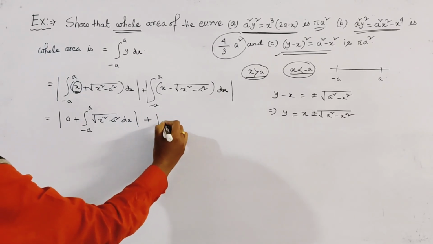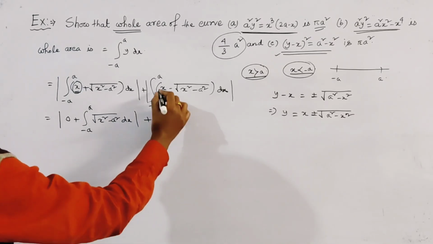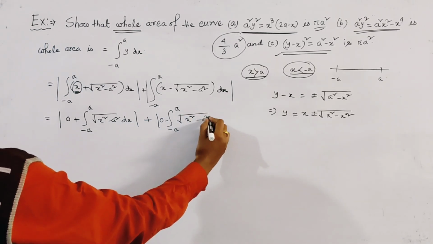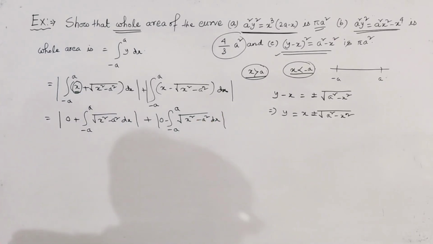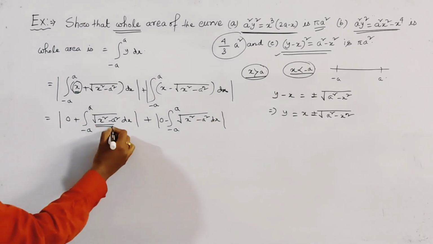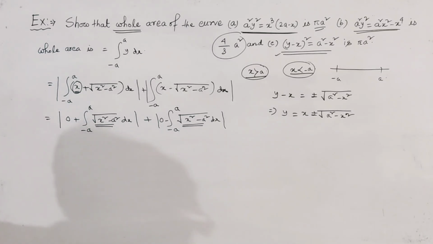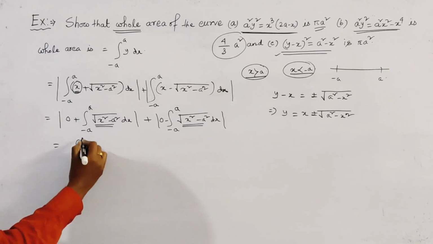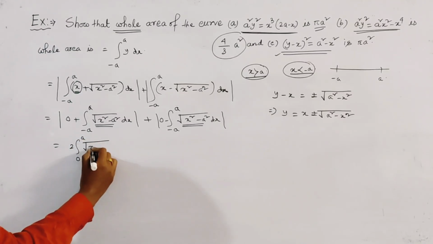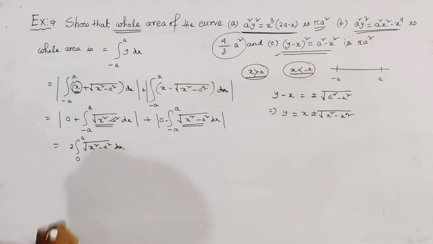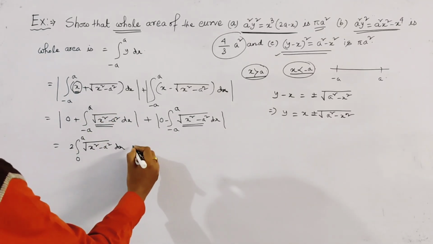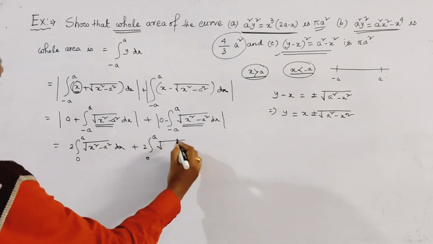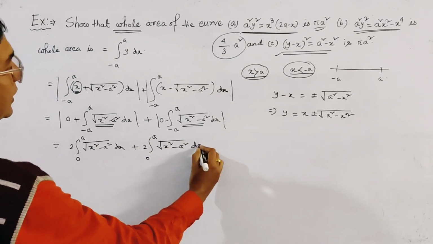Also from the second term we get integration from minus a to a, where the odd part is 0, and minus root under a square minus x square dx. Here the integrand is an even function, so using the property of even functions, we get 2 into the integration from 0 to a of root under a square minus x square dx, and similarly from the other term, 2 into integration 0 to a of root under a square minus x square dx.